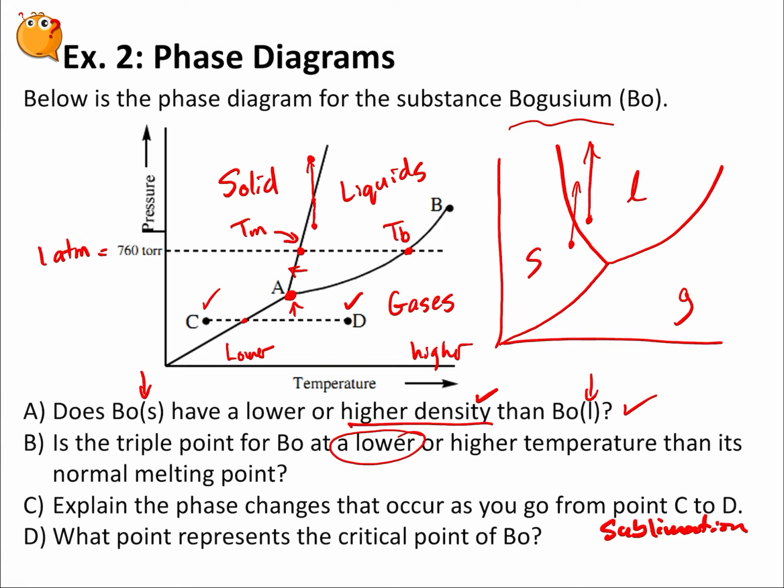So basically you skip the liquid phase going that way. What point represents the triple point of Bogus Im? That's up here. Notice that line, that gas-liquid barrier line, stops at point B, doesn't continue on. So that means if you're sort of above this point, you're at a supercritical fluid up here.